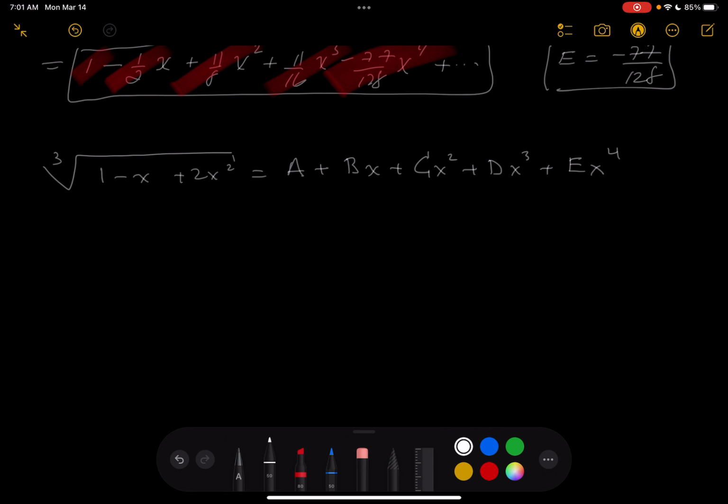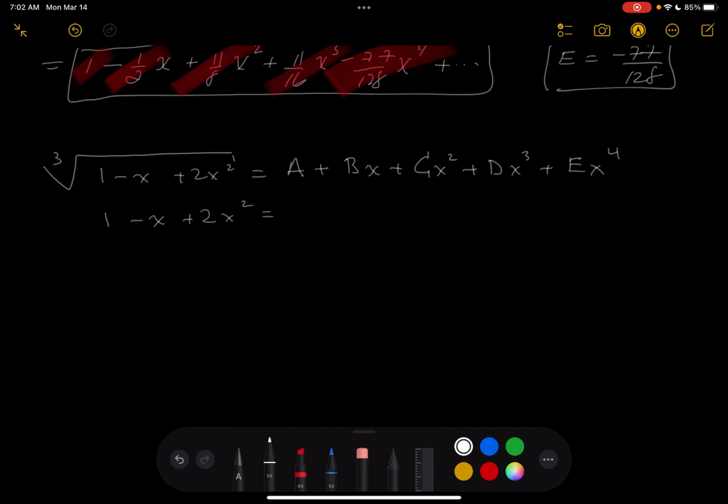And that would be 5 terms, provided that the coefficients a, b, c, d, and e, none of them are 0. So what I need to do now, which is always a difficult thing for me, is to cube both sides.